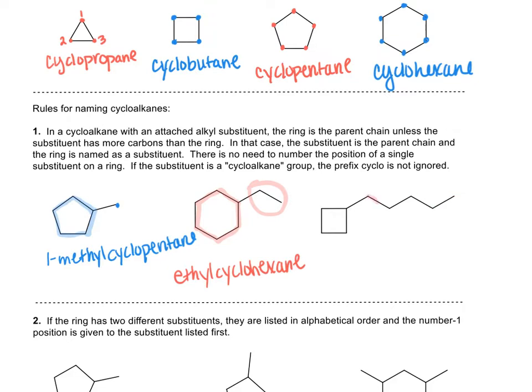So our parent chain is actually going to be this, and the cyclobutane is going to be a substituent. So we want to give a substituent our lowest possible number. So we're going to number our parent chain in the direction that gives it the lowest number. And we'll call it 1-cyclobutyl, and our parent chain in this case is pentane.